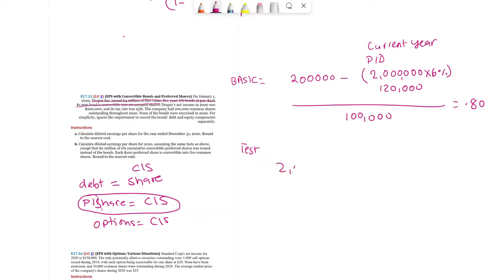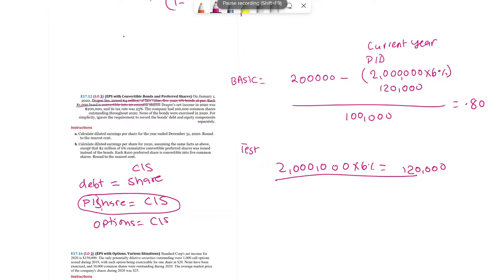At the top, you have 2 million of preferred shares. We pay them a 6% dividend. We will no longer pay them the dividend. We don't do 1 minus the tax here, because dividend is an after-tax income. So in this case, the top number is 120,000.